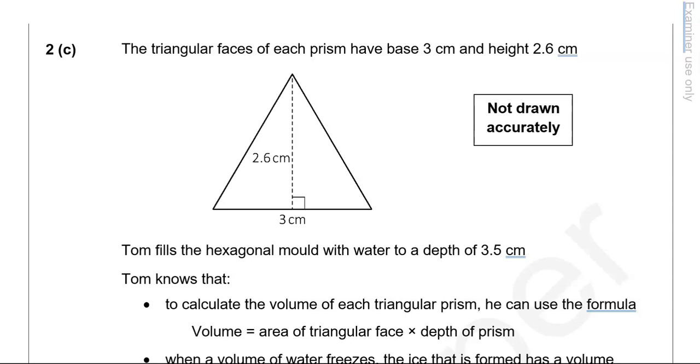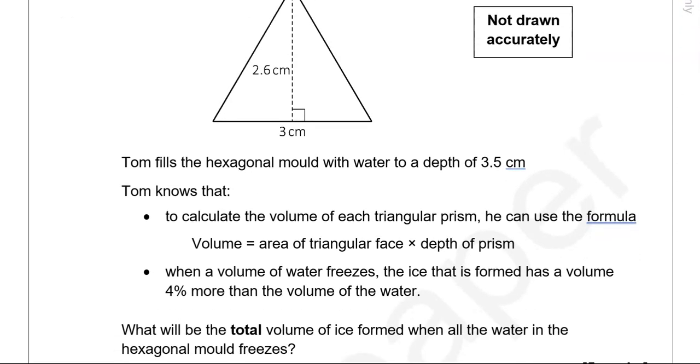Tom knows that to calculate the volume of each triangular prism, he can use the formula volume equals area of triangular face times depth of prism. When a volume of water freezes, the ice that is formed has a volume 4% more than the volume of the water. What will be the total volume of ice formed when all the water in the hexagonal mold freezes?